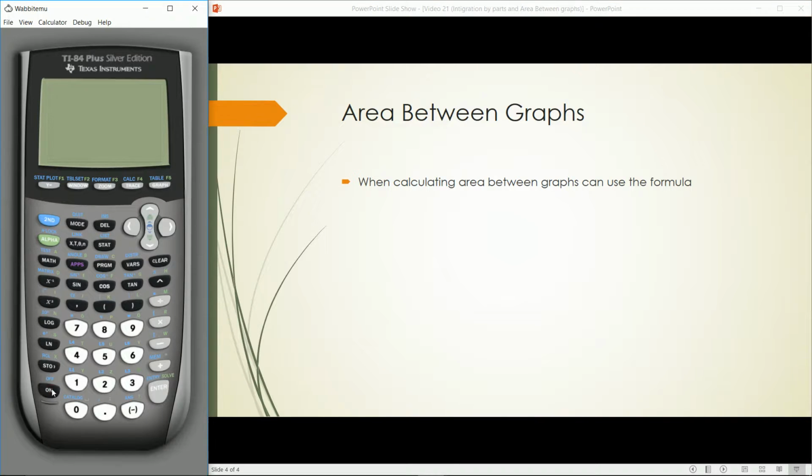So let's take a look at a quick example. So y equals negative x squared plus 3, enter, and then let's go x squared minus 1.